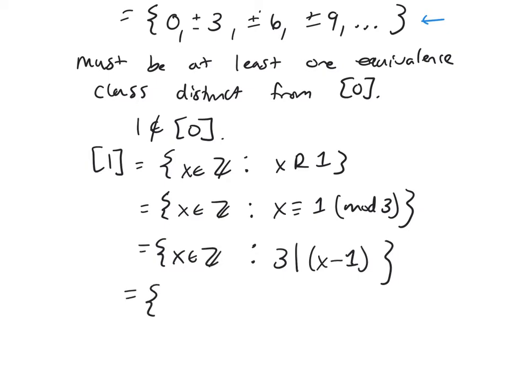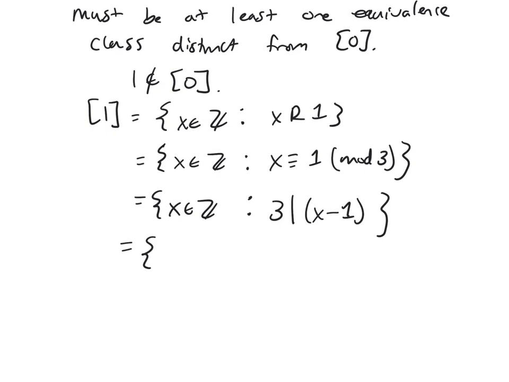So you have a lot of numbers here. There's an infinite number, but if x is 1, 3 will divide 0. If x is 4, you'll have 3 divides 3, then 7, and so forth, going up. And then you also have negative numbers like negative 2, negative 5, negative 8.